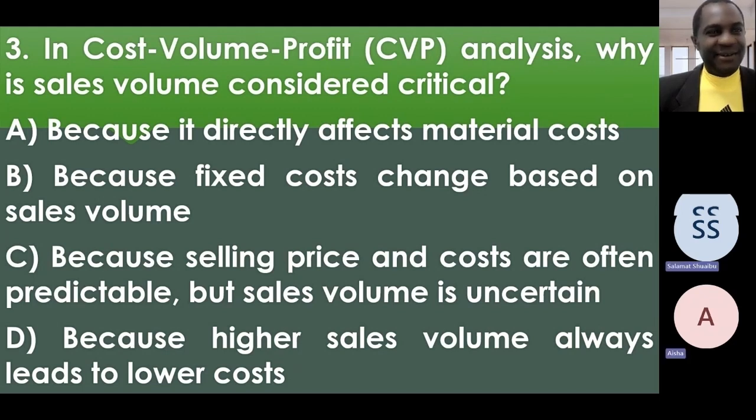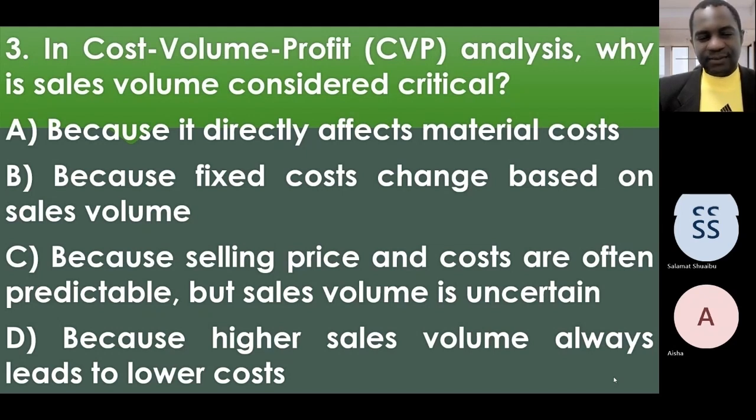All right. Number 3. In cost volume profit analysis, why is sales volume considered critical? A, because it directly affects material cost. B, because fixed cost change based on sales volume. C, because selling price and cost are often predictable, but sales volume is uncertain.